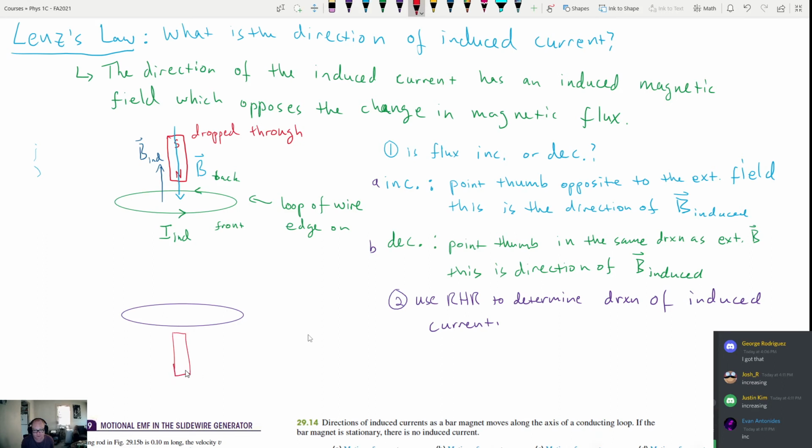Let's now find the direction of our induced current. Okay? So the magnet is still falling. So it's moving, right? And again, the easiest thing to do here is to just draw a line like this to represent your external magnetic field. Then you ask the first question, is the flux increasing or decreasing?